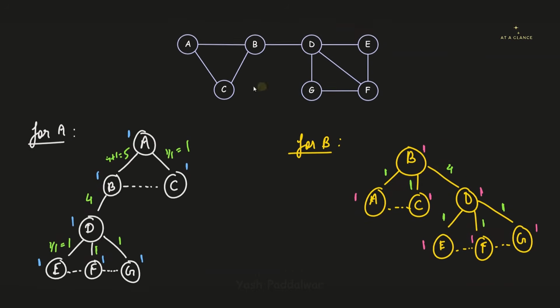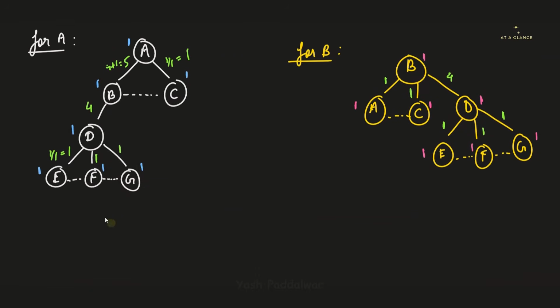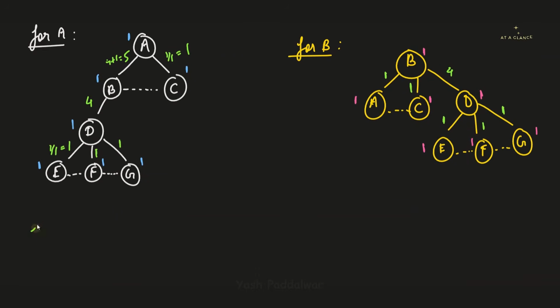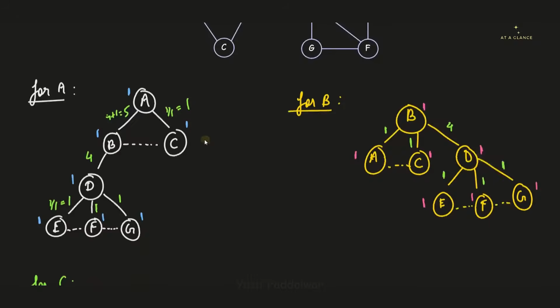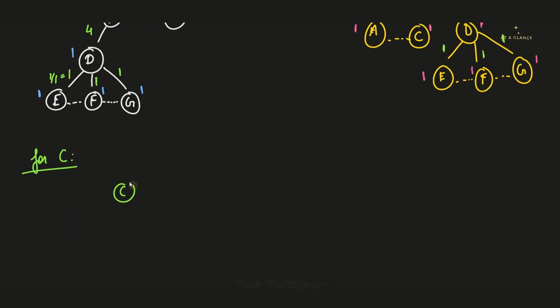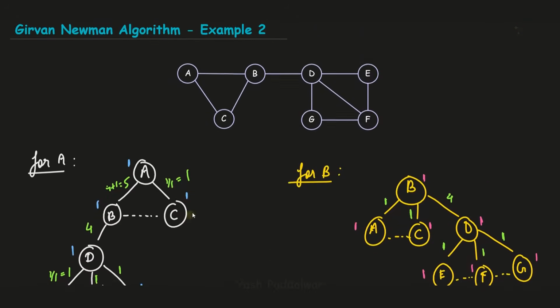Now similarly, let's move on to node C. Let's keep the C node as the root node. So over here you can see C has two children, A and B. So let's write that: C, A and B. If you remember, A and B are connected to each other, so let's show it by the dotted line.